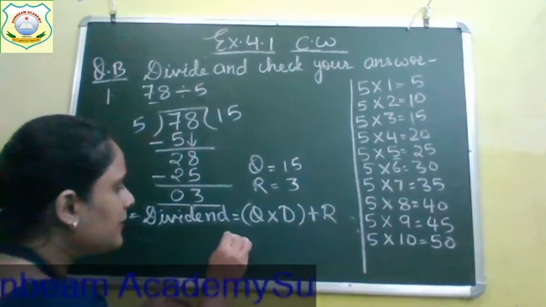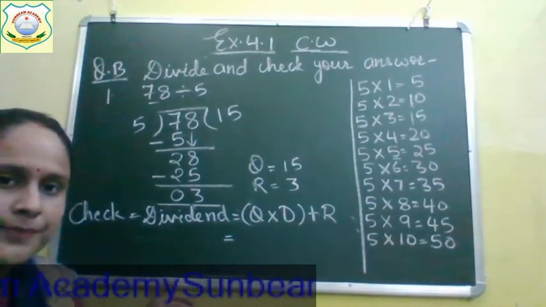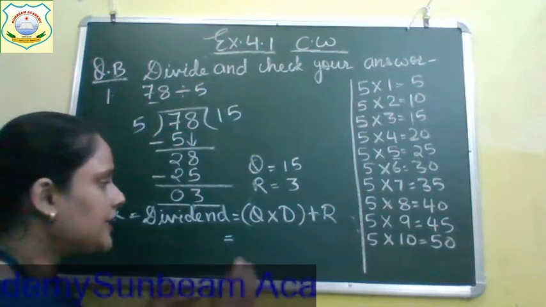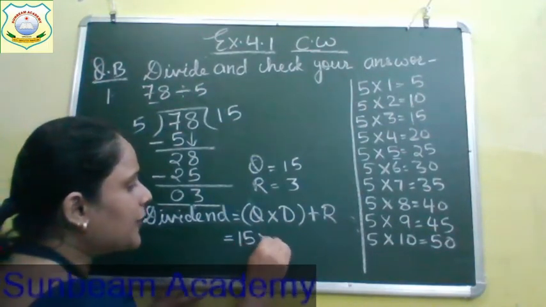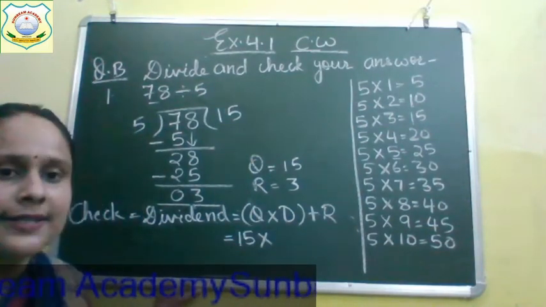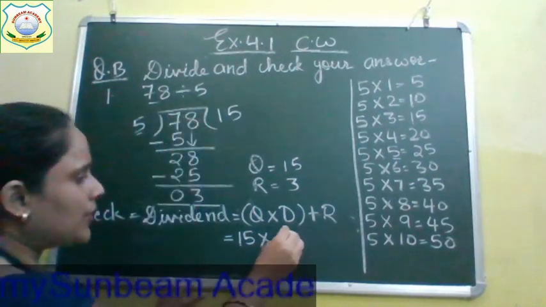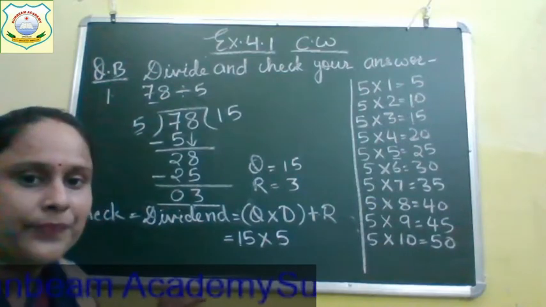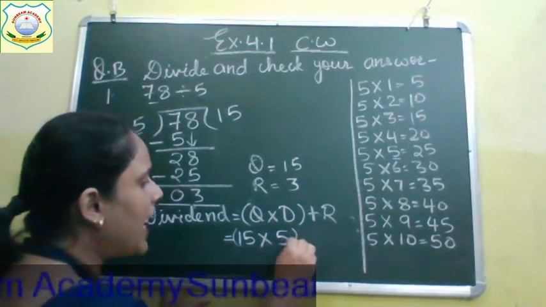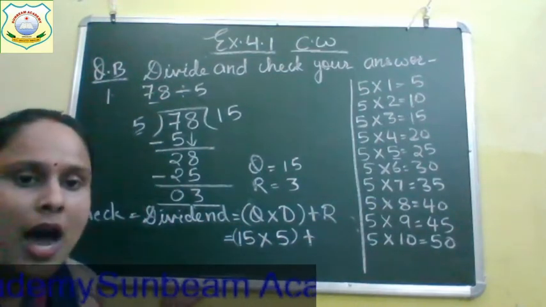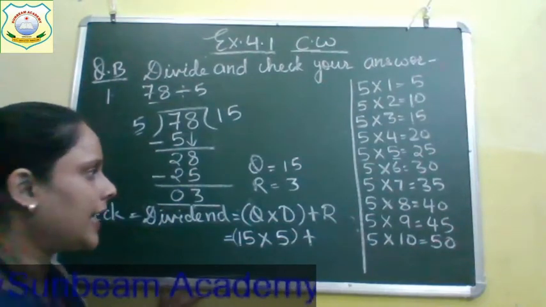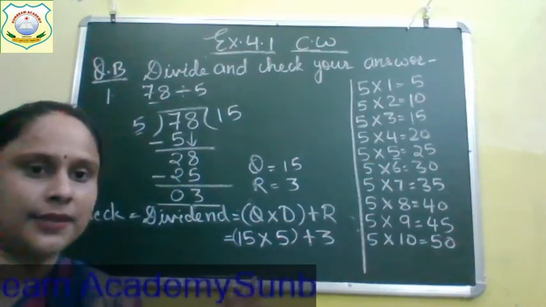Now let's see how much is the quotient. Quotient is 15. 15 is to be multiplied with the divisor. Divisor is 5, so write 5. And we have to add the remainder. How much is the remainder? 3. So we have to add 3.